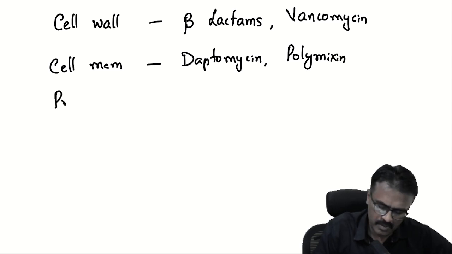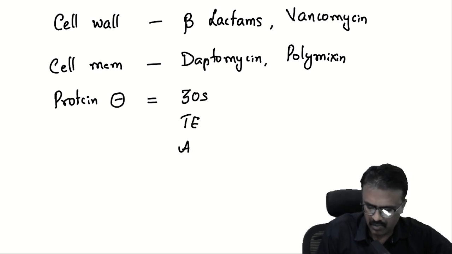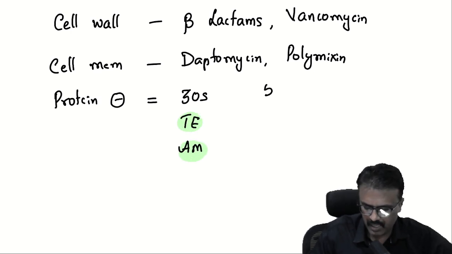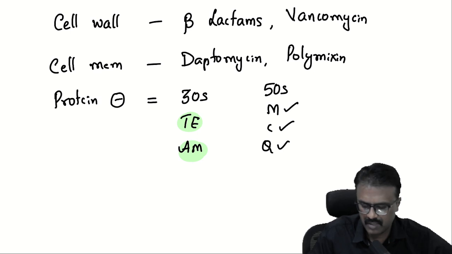The ones which inhibit protein synthesis through binding to 30S, the mnemonic is TEAM. I'm just telling you the highlighted point. T for tetracycline, AM for aminoglycoside. The ones which act on 50S, the mnemonic is MCQ. What is M for? Macrolides like azithromycin. C for clindamycin. Q for quinupristin, dalfopristin, they are called streptogramins.